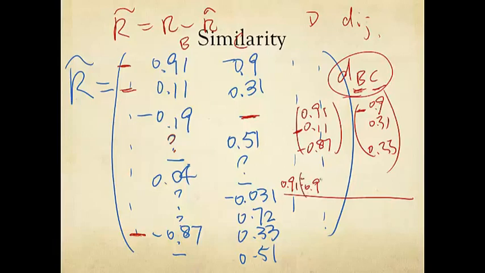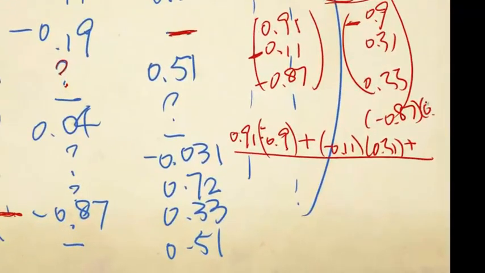So minus 0.9 plus minus 0.11 times 0.31 plus minus 0.87 times 0.33, and then I have to normalize.